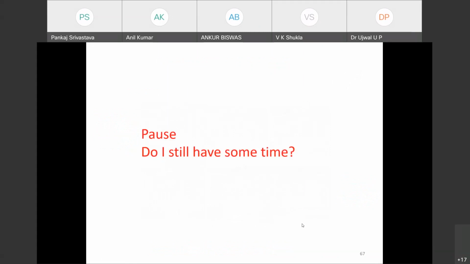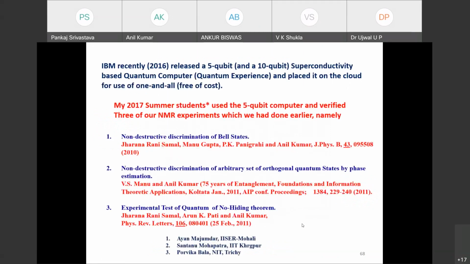I'm nearly coming to an end, but I just want to say, already many people have talked about the quantum revolution that is going on right now. IBM, in 2016, released a 5 qubit and 10 qubit superconducting based quantum computer and placed it on the cloud for use of one and all, free of cost.